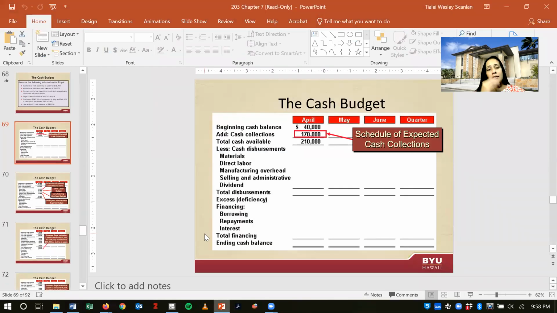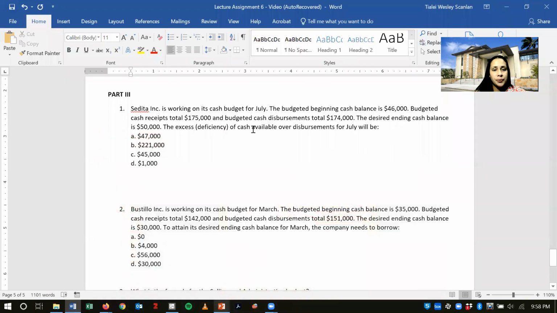So when we look at the cash budget, we have a beginning cash balance, we add cash collections, and that would be total cash available, less cash disbursements, and there's just a lot of cash disbursements here. Add up all your total disbursements and that would give you excess cash or deficiency. So we're going to start at the beginning, add collections, subtract cash disbursements, and that'll give us our excess or deficiency of cash.